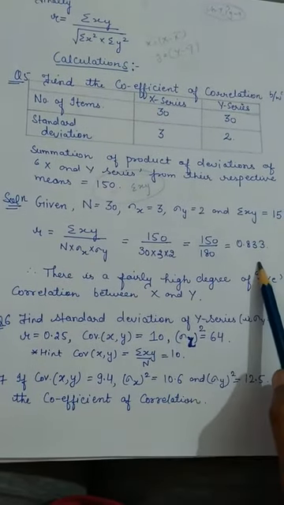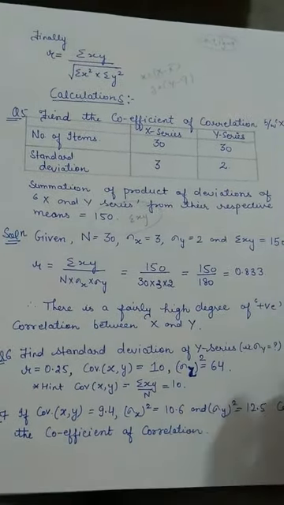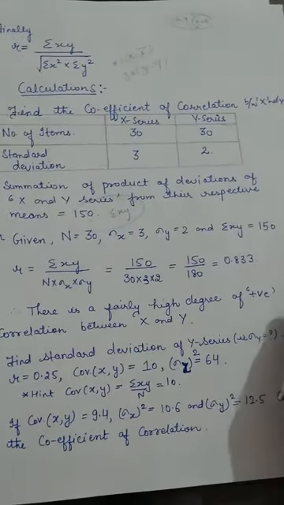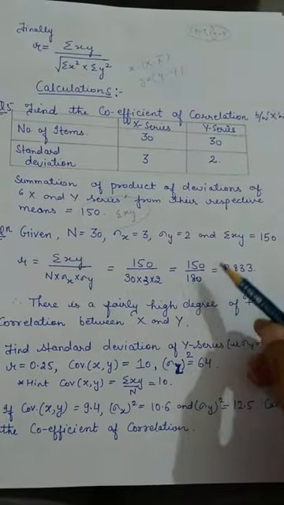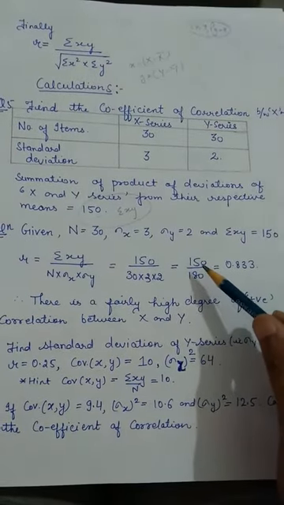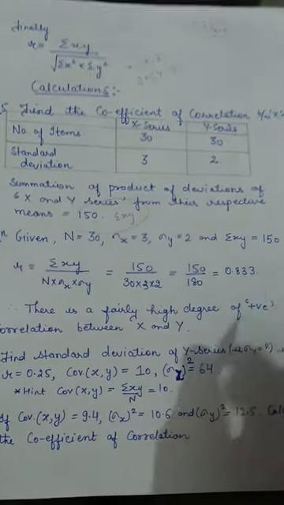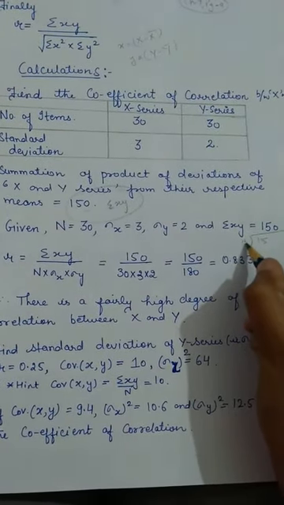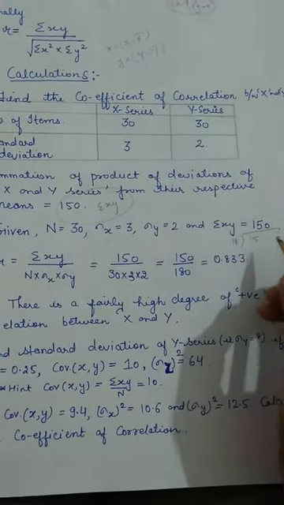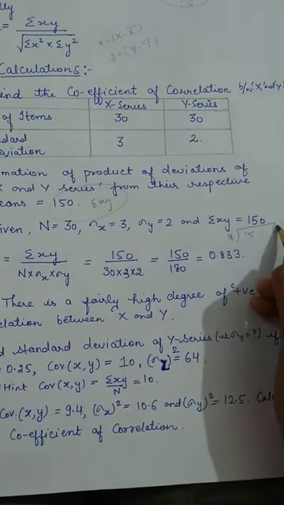After dividing, as I have already told you how to divide these values, the 0 and 0 will cancel, and you will divide 15 by 18. It is not going, so 0 will come.